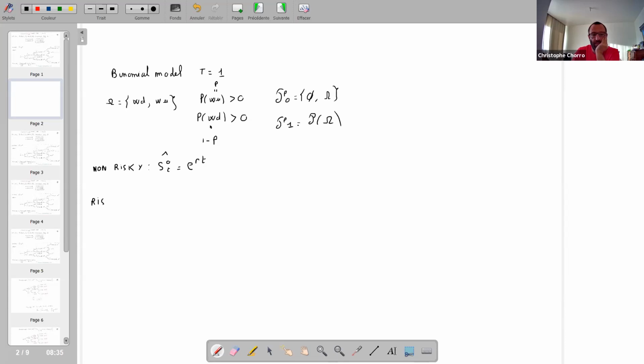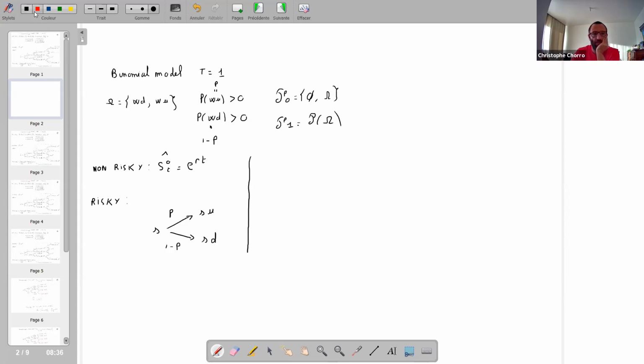And I add a risky asset whose dynamic is the following. I start from S, I go with probability p toward SU, and with probability 1 minus p to SD.